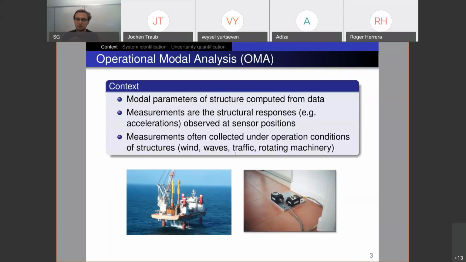Those data are measurements of the structural responses, for example, accelerations or velocities, observed by sensors in some discrete locations on a structure. Those measurements are often collected under operation conditions of the structure, for example, wind waves, traffic, or rotating machinery, which often poses some challenge to the system identification methods to estimate model parameters.